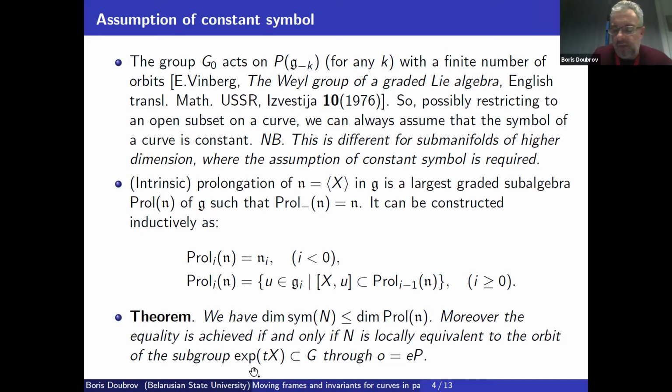When I say invariants, I always mean fundamental invariants, the ones which control if our curve is flat or not. So that is a reminder of what we had last time with minor modifications for the case of curves.